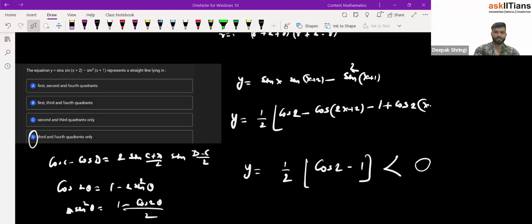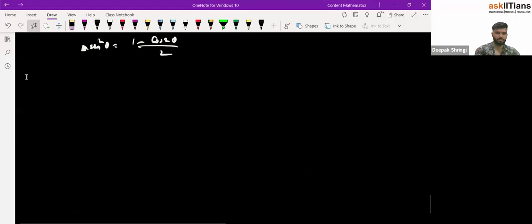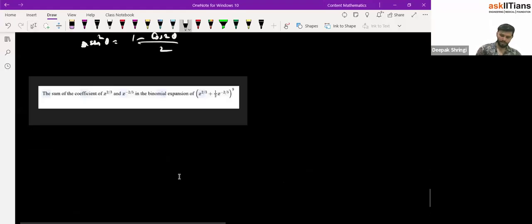This is from binomial. So it says that sum of the coefficient of x power 2 by 3 and x power minus 2 by 5 in the expansion.